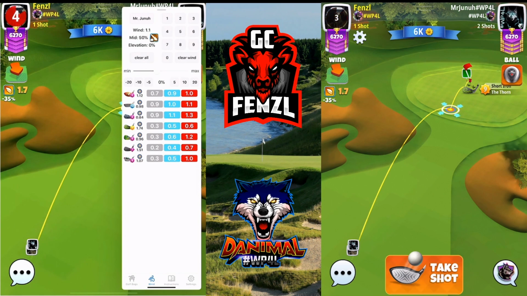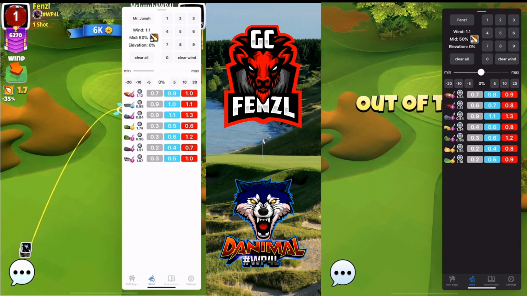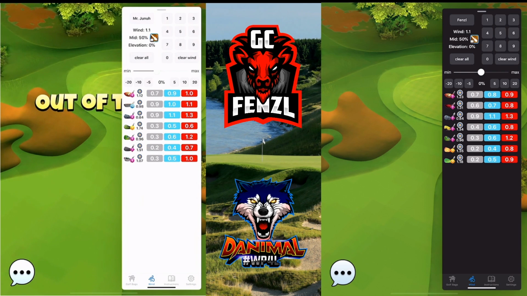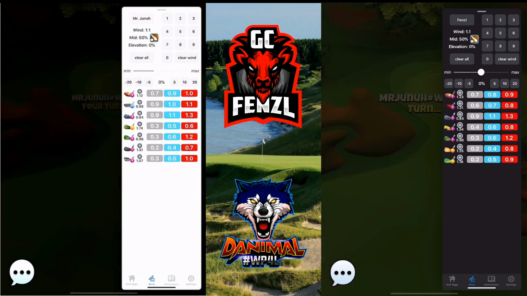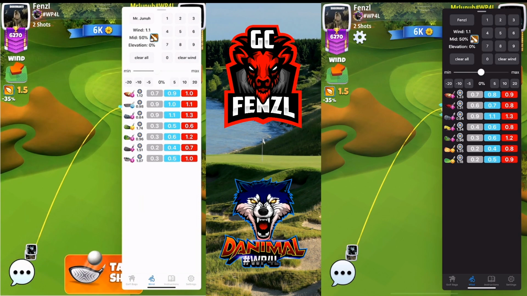So then Fenzl with his APOC 7, go ahead, type in 1.1 wind into your app. All right. And what does this say on your app? For the max, 0.9. Okay. So we'd have a 0.9 difference on this one in where we would set up, which is marginal.